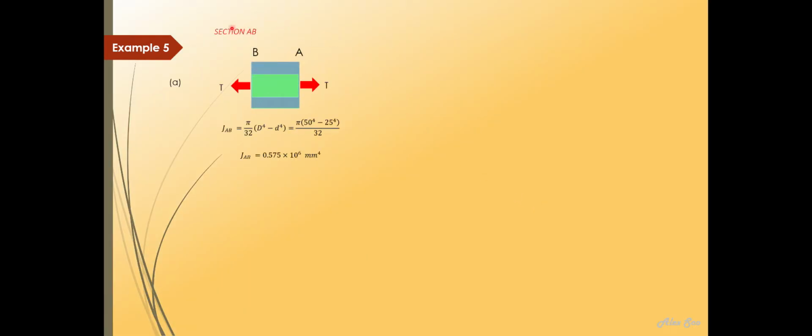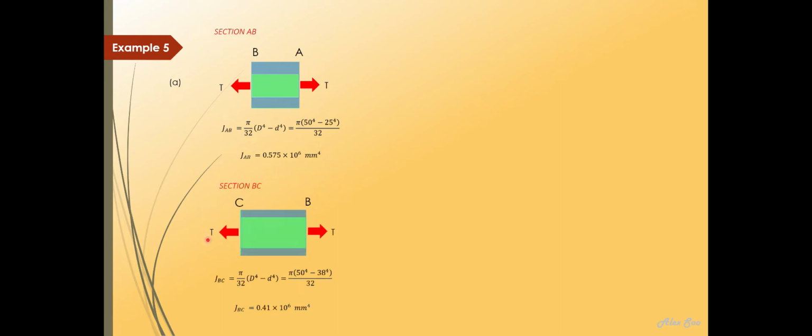Now, based on section AB with a diameter of 25 mm, we work out the polar moment of inertia for that section. Here you have 0.575 times 10 to the power of 6 millimeter to the power of 4, or if you convert this to meter to the power of 4, then it is 0.575 times 10 to the power of negative 6.